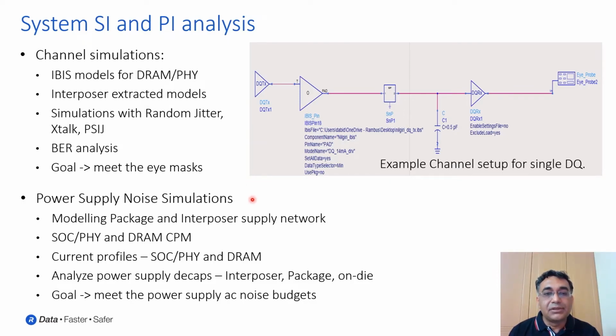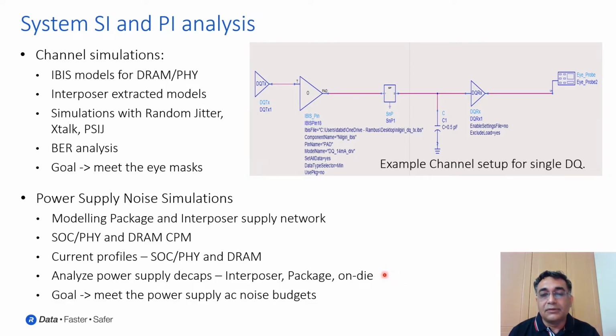The next step is the power supply noise simulations. Here we again need accurate modeling of the package and interposer supply network. We need the CPM models for the SoC and the DRAM. We then run the simulation with the current profiles and analyze the impact of the interposer, package, and on-die caps.